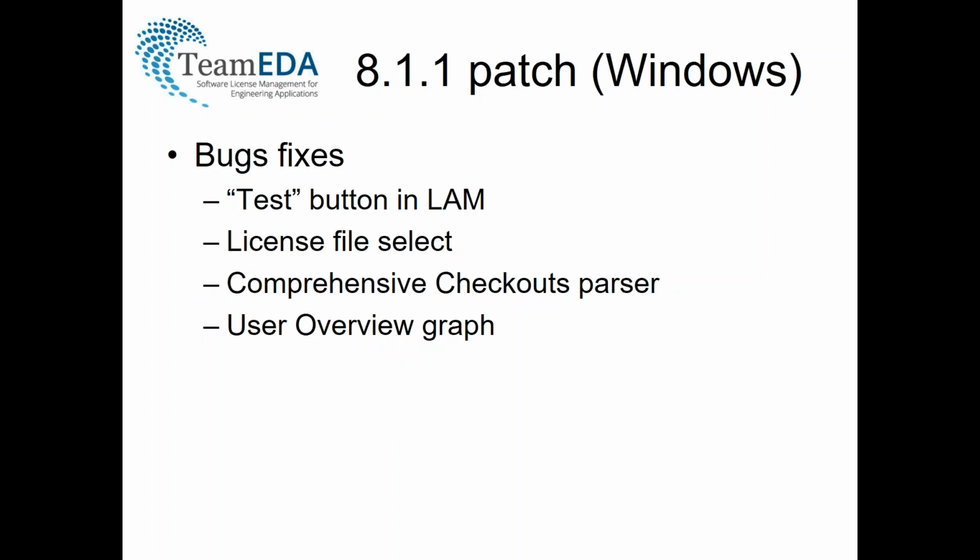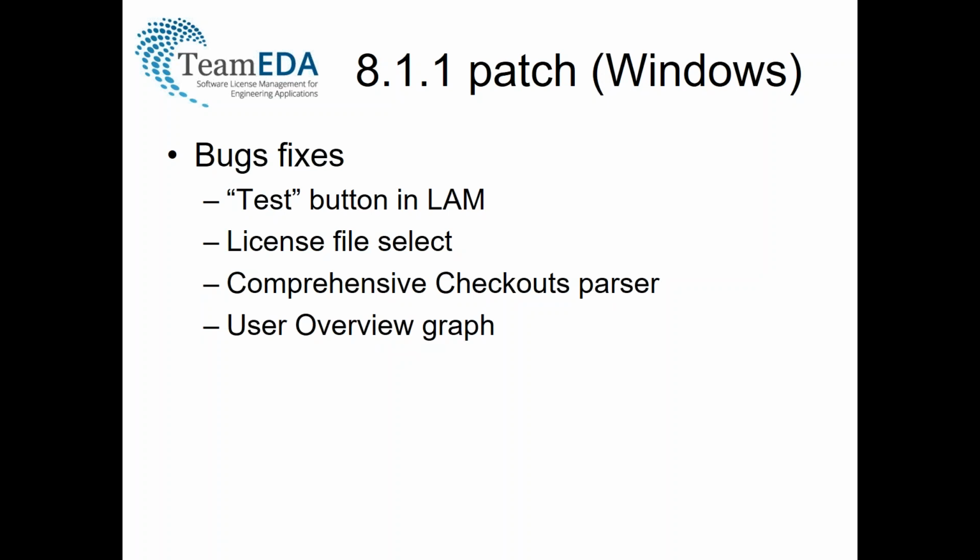That was added in 8.0, but it broke when we added 8.1, because of the LAM code. Long story short, that button wasn't working with the 8.1 first release. It doesn't affect anything you already have in, but if you're trying to add a new license and a new path and use the test button, it doesn't work in 8.1.